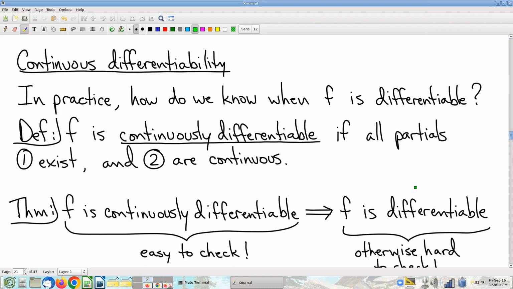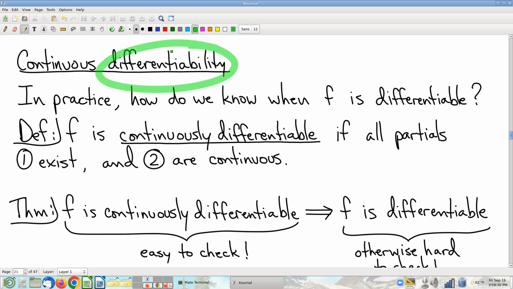I want to tell you about something called continuous differentiability. It's a scary sounding thought because differentiability itself was a hard thing to talk about. So hard to talk about I didn't even really tell you. I skimmed the surface at most.